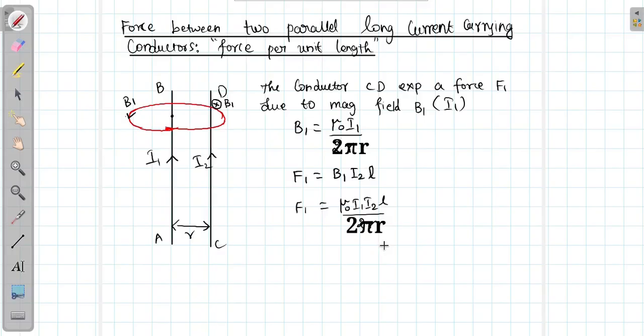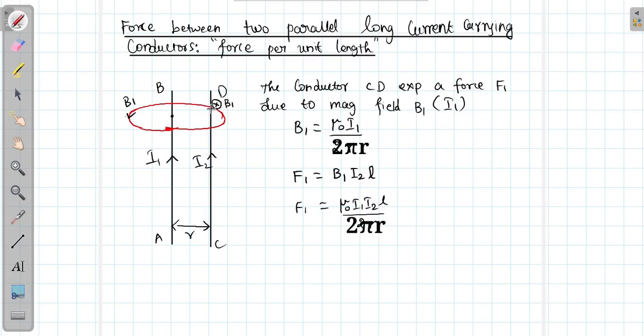You understand? Yes, sir. Now again repeat the same process. One more thing, we have to draw the direction of the force. Now go for the Fleming left hand rule or right hand palm rule. In the right hand palm rule, the four extended fingers represent the direction of the magnetic field, and the thumb represents the direction of current. The palm represents the direction of force.